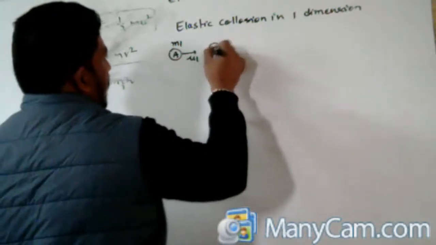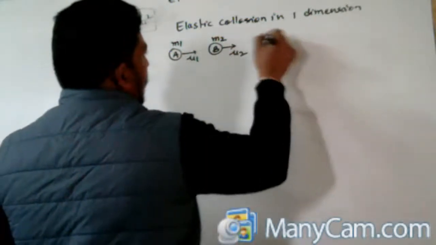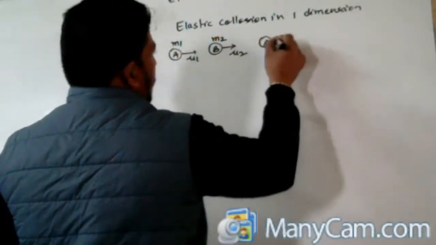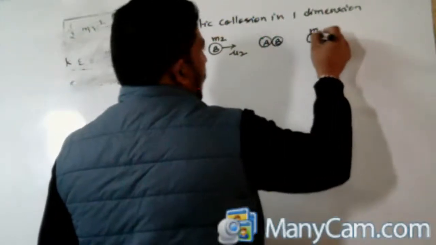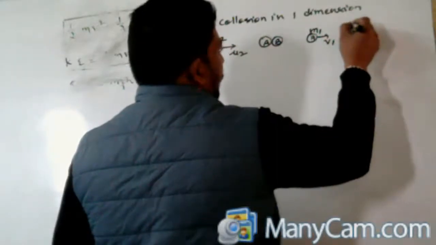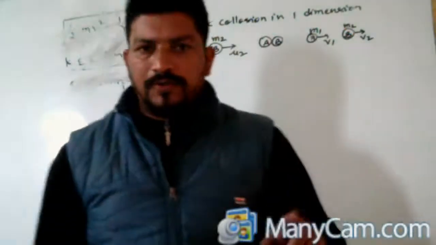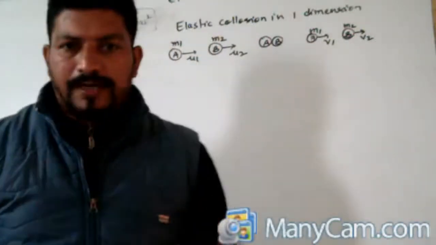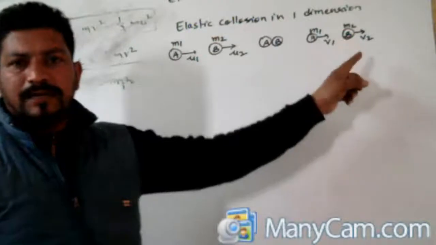Here is the second ball, mass m2, initial velocity u2. Now these two balls collide with each other, A and B. After that, ball A moves with final velocity v1, and the second ball with final velocity v2. Before collision, the initial velocities are u1 and u2, and after collision, the velocities are v1 and v2.